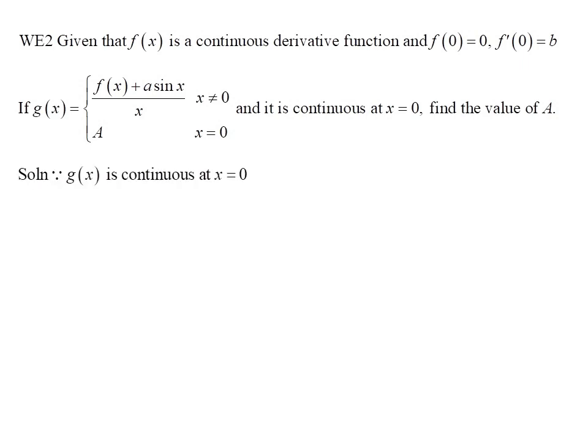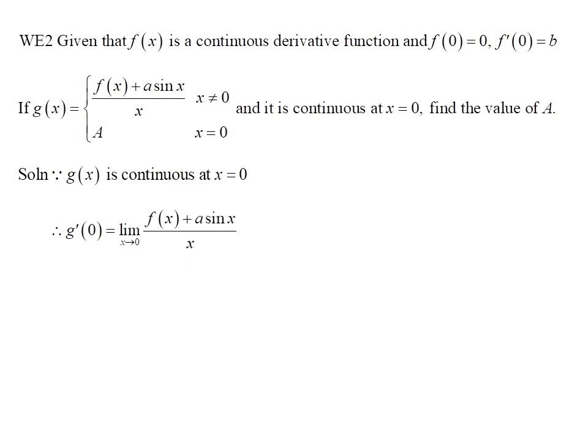Since g of x is continuous at x equals 0, g of 0 equals the limit of f of x plus a sine x all over x as x approaches 0. As it can be observed that both numerator and denominator approach 0 as x approaches 0, we may use L'Hopital's rule here, which we haven't introduced.